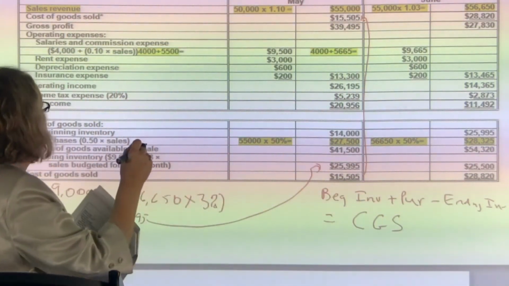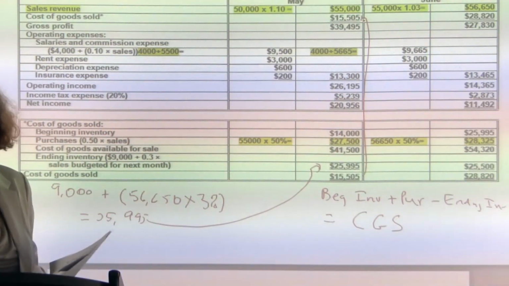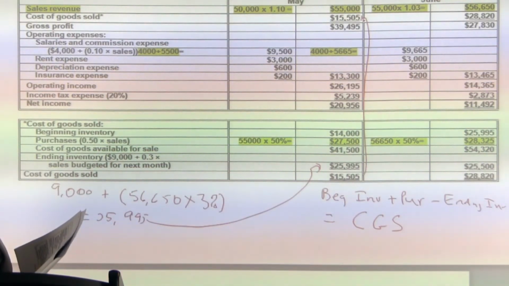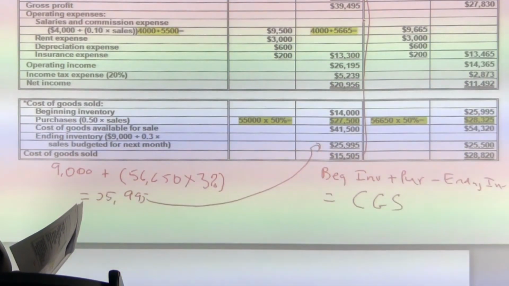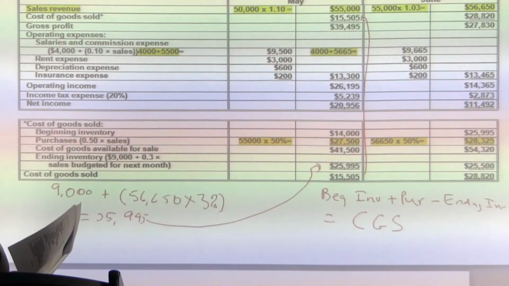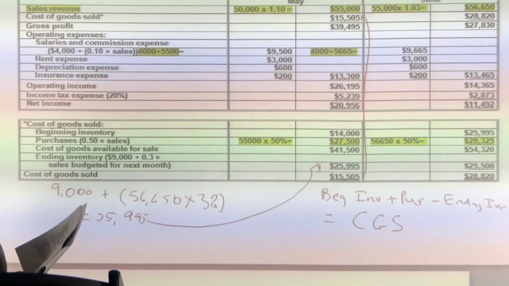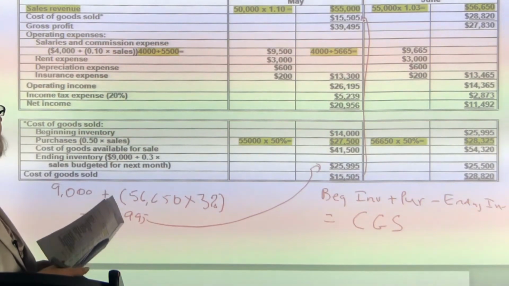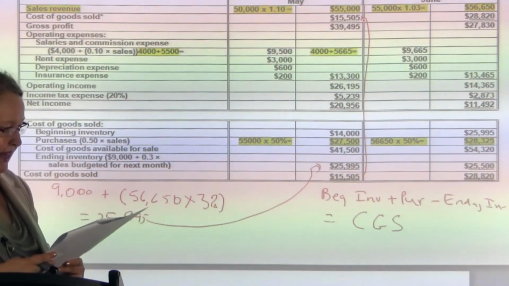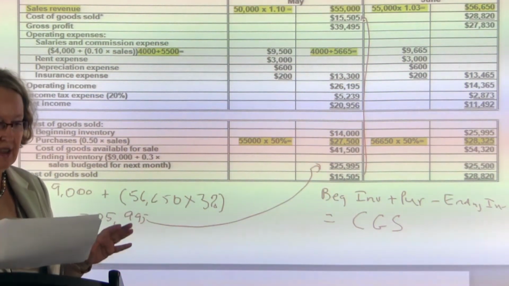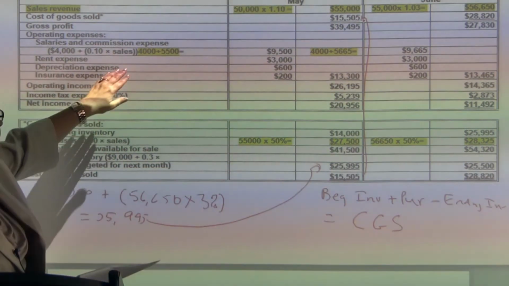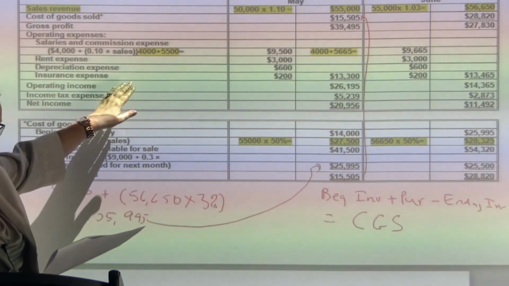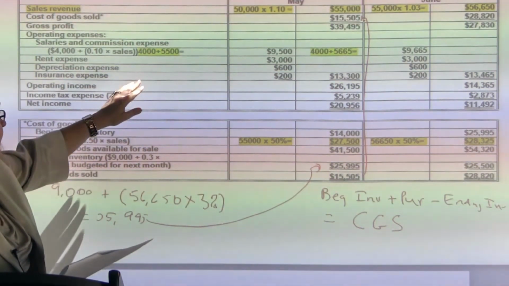So sales less cost of goods sold is equal to gross profit. Then the next thing we want to do is, of course, deduct our operating expenses. For the month of May, we're told that your salaries and commissions are comprised of two components, your fixed and your variable. So you have 4,000 plus 10% of sales.